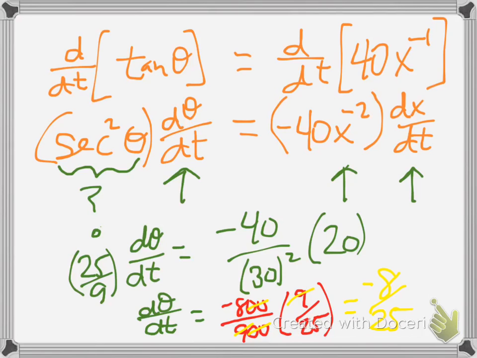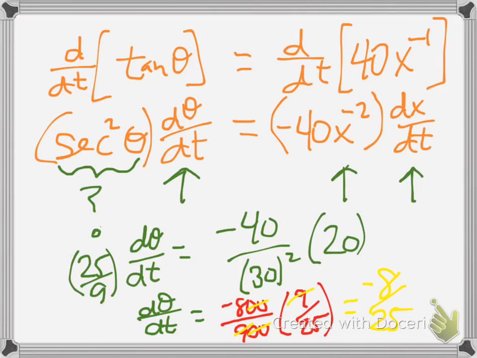One last question you might want to think about, and I'll let you think about it for just a moment before I tell you the answer, is what are the units of dθ/dt? That's a common question that gets asked for these related rates questions, to give the correct units for the problem. So I'll pause for just a second, and ask yourself, what are the units?